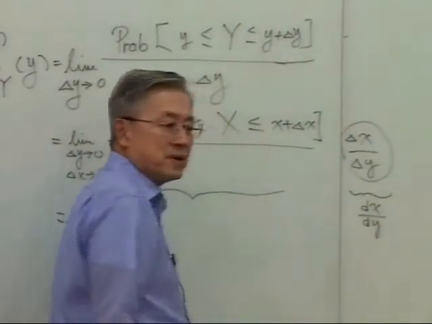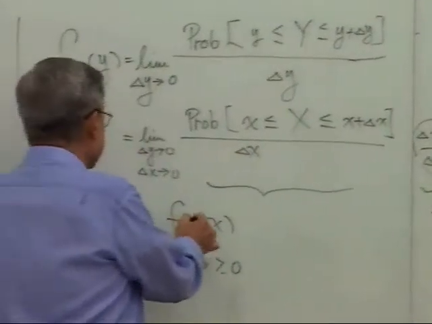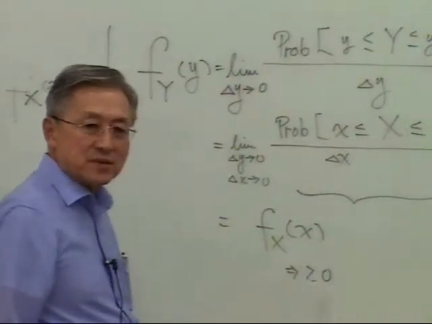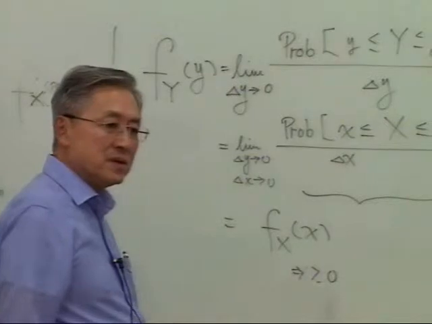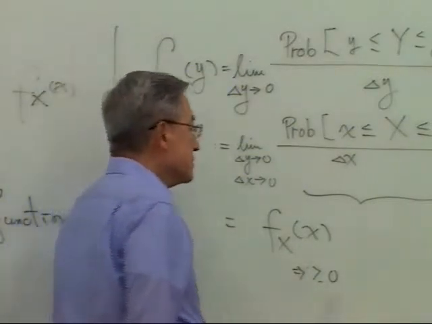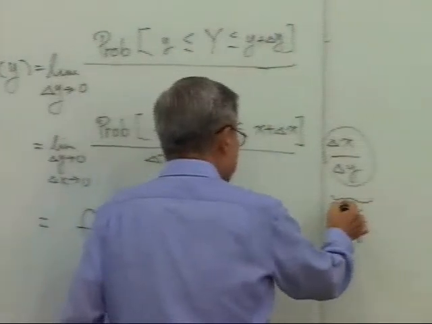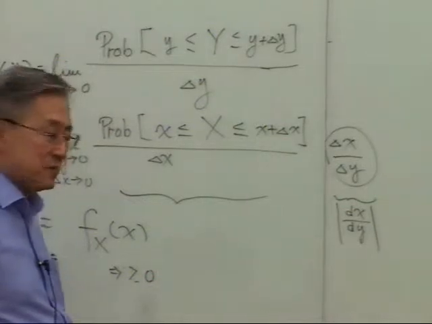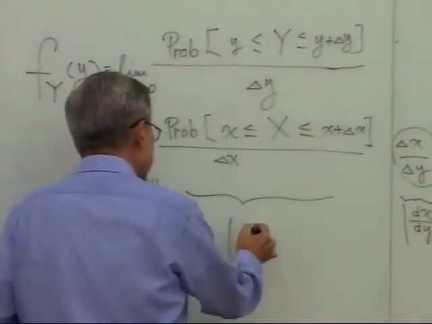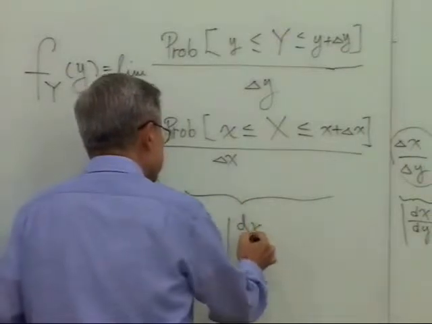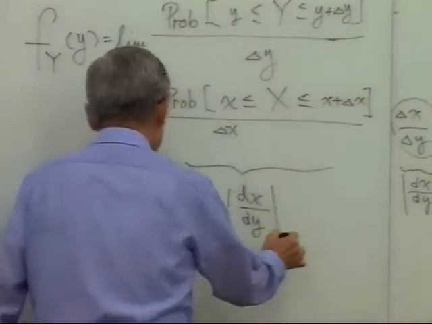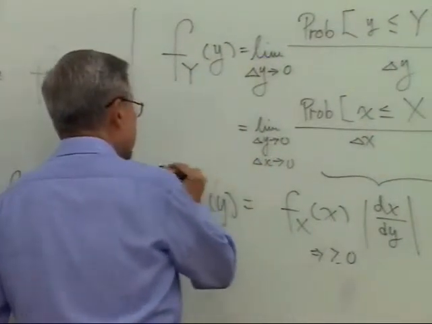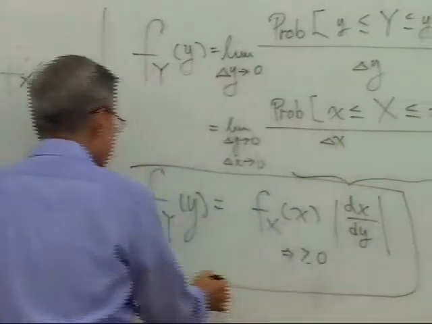This can never be negative, because the probability density function has to be greater than or equal to 0. So I put the absolute value to make sure it's a positive value, so f_Y(y) is this.